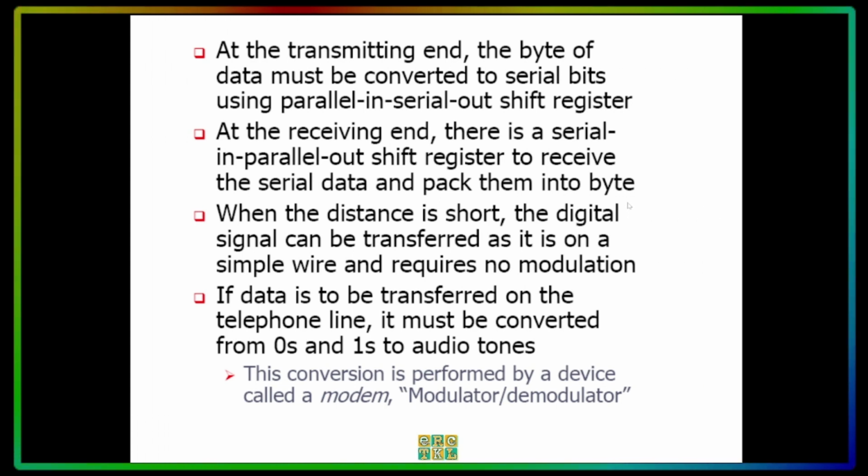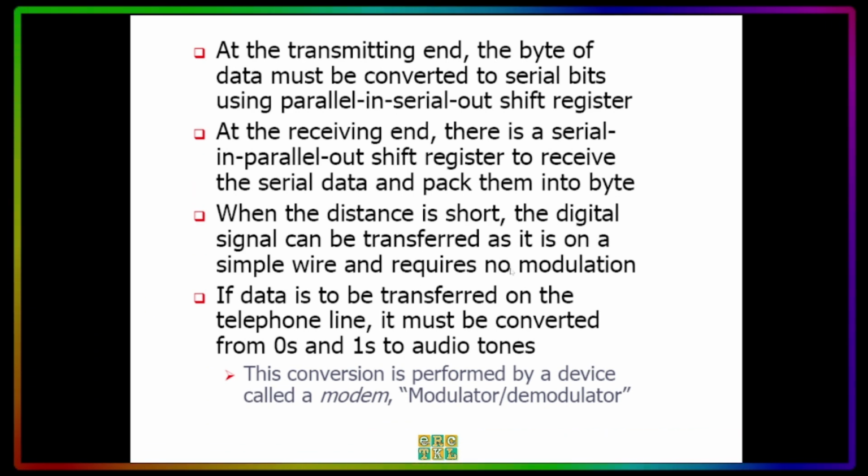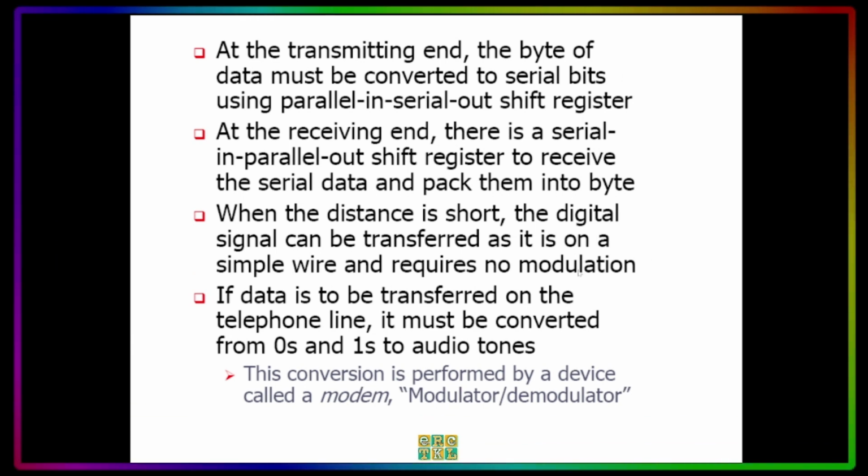When we say byte, it means 8 bits. When the distance is short, the digital signal can be transferred as it is on a simple wire and requires no modulation. This means that if the distance is not far, the digital signal can simply be transferred as it is without any amplification or modulation.